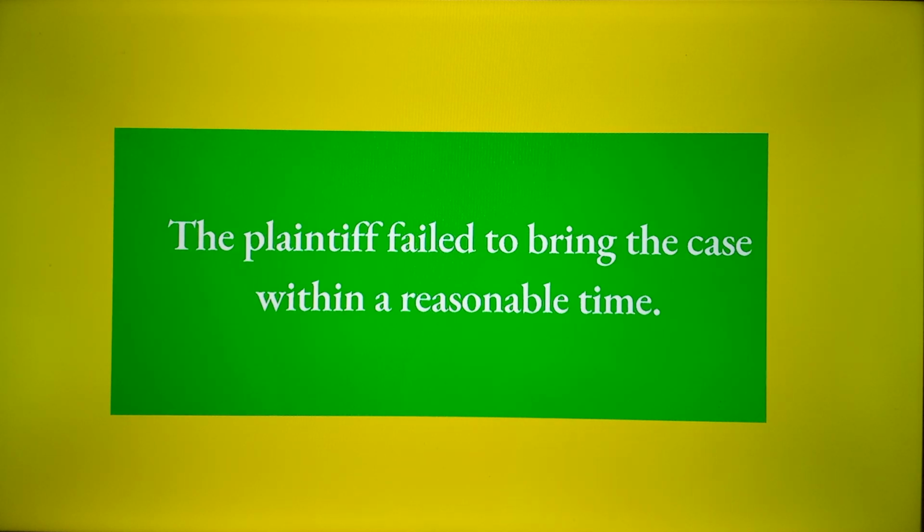The plaintiff failed to bring the case within a reasonable time. Two instances when this could occur is when the plaintiff fails to bring the claim within the statute of limitations. Another instance is where a plaintiff has a right to assert the claim, but fails to assert the claim in a timely manner that is detriment to the defendant.